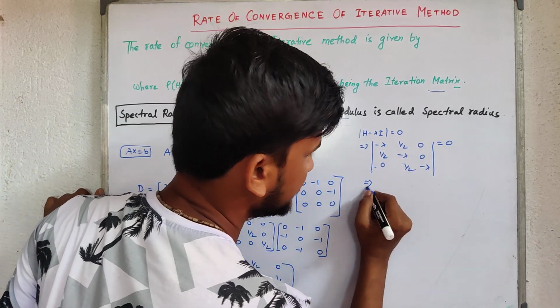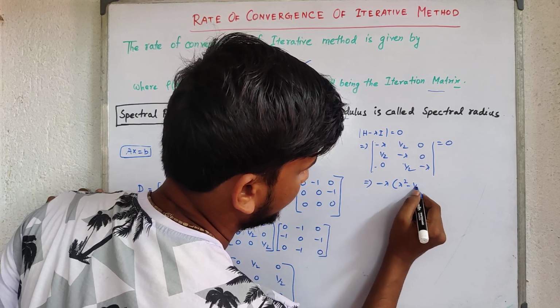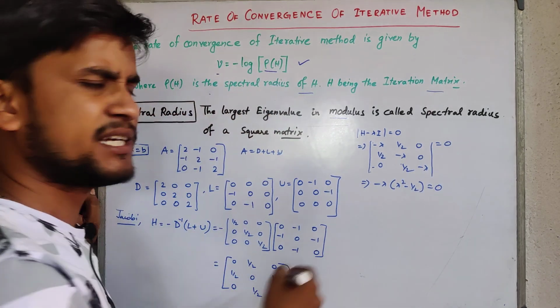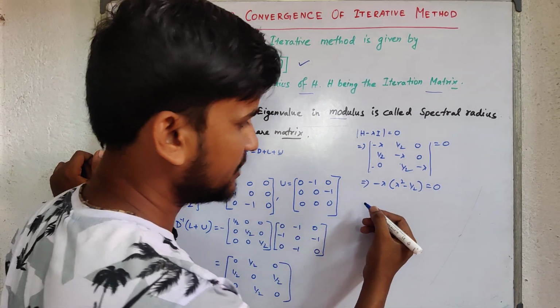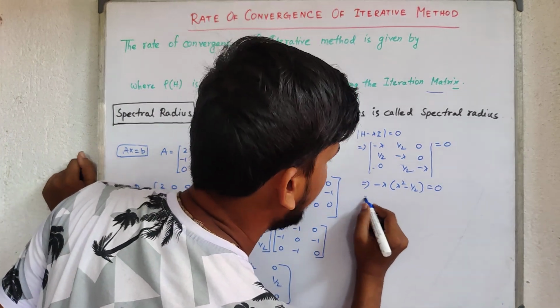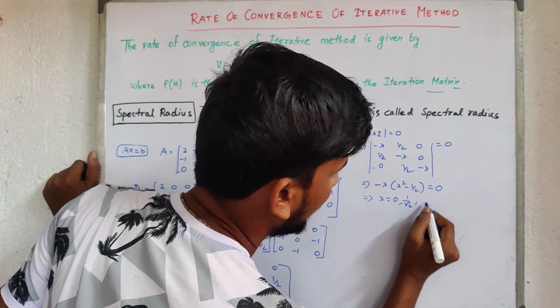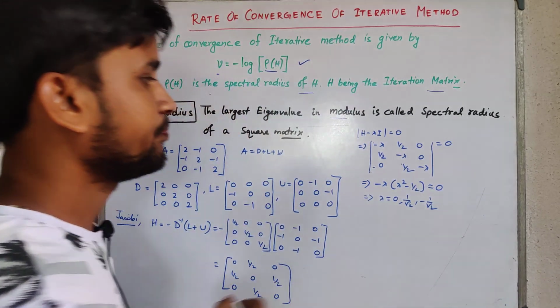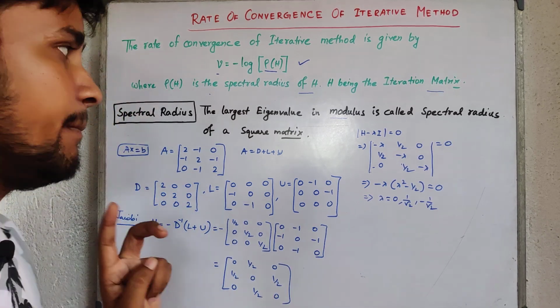If we expand this determinant, then we get -lambda times (lambda squared minus 1/2) equal to 0. You can check this calculation. So now the values of lambda are 0, 1 by root 2 and minus 1 by root 2. So these are the three eigenvalues of the Jacobi iteration matrix.